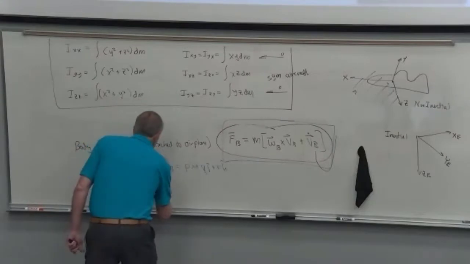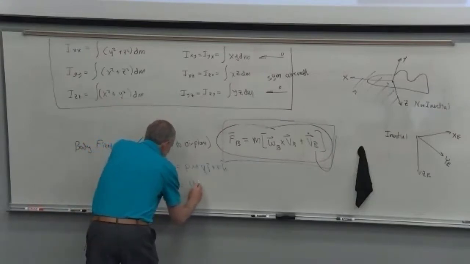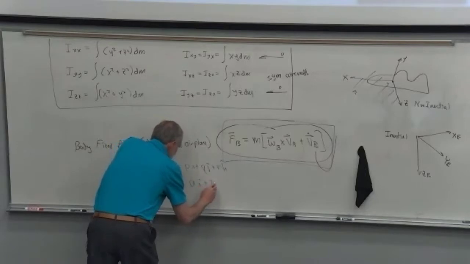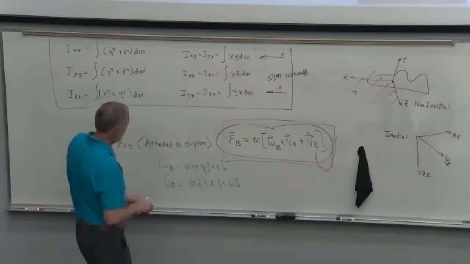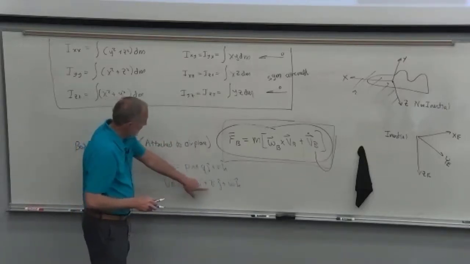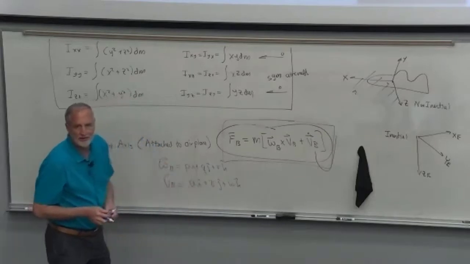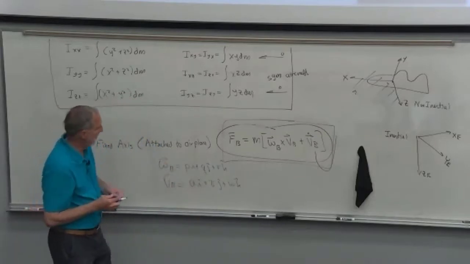And then we're going to plug in VB as U i plus V j plus W k. And so we're going to get dynamic equations for U dot, V dot, and W dot. Those are the linear accelerations.